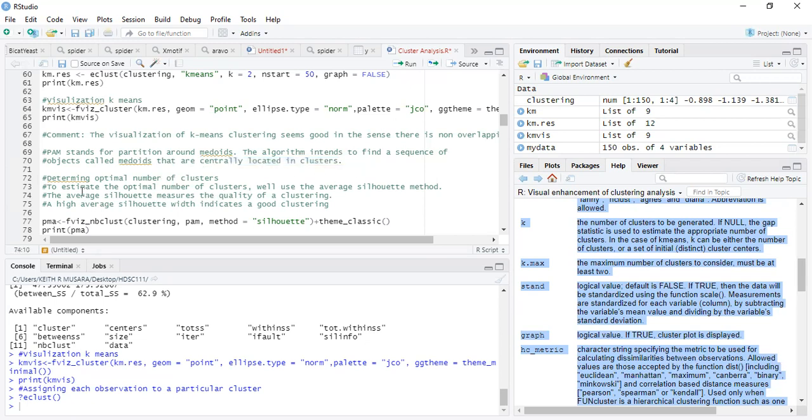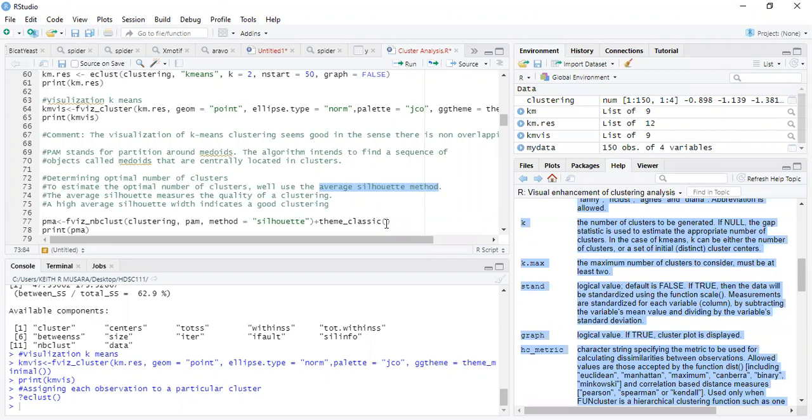The same approach again, we would have to determine the optimal number of clusters. In this case, we use what is called the average silhouette method. The average silhouette method measures the quality of what? Of clustering.